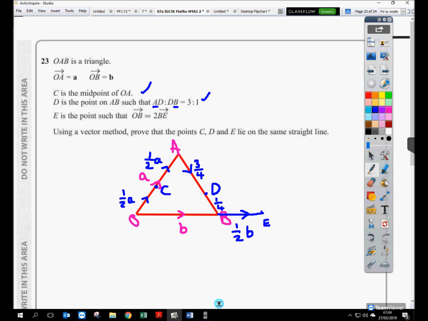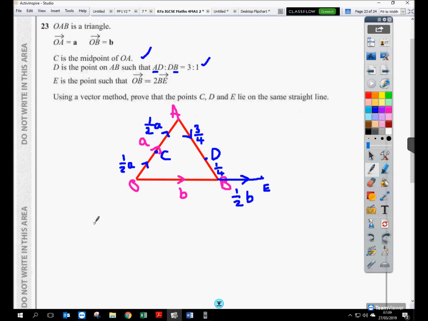What I want to do now is use a vector method to prove that CD and E lie on the same straight line. So when you want to prove this, you work out from the first letter to the second letter, and you work out from the first letter to the last letter. So from C to D, right? Let's go from C to D to E.